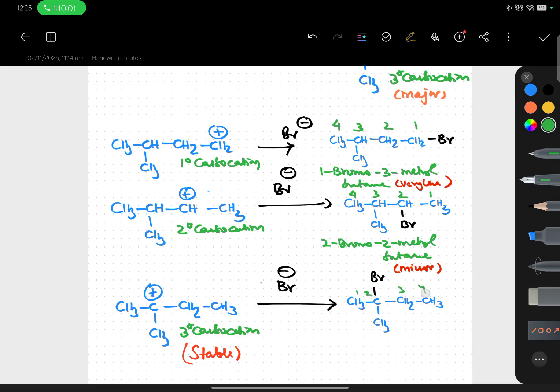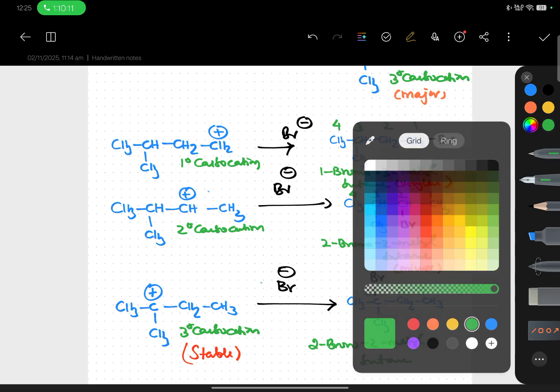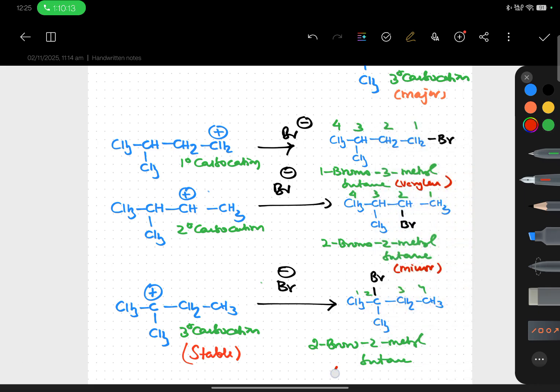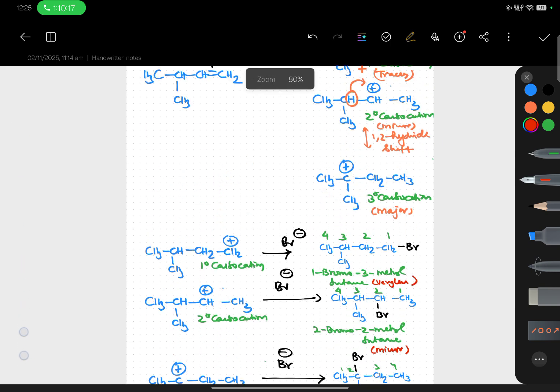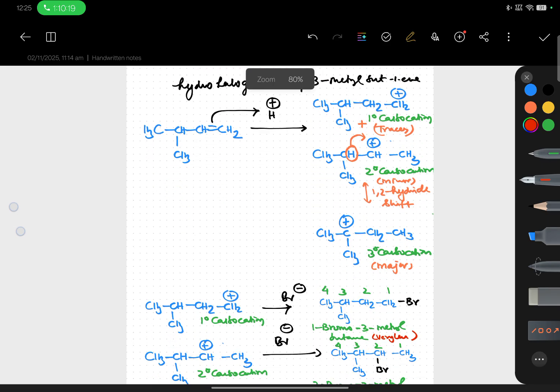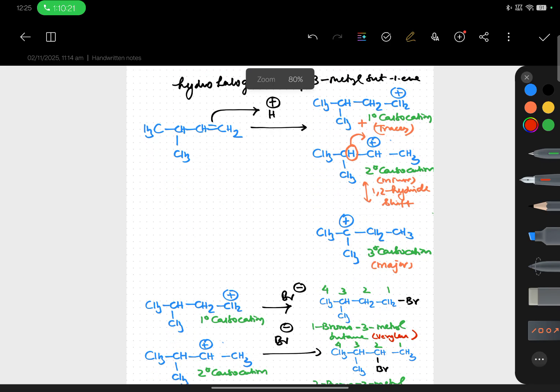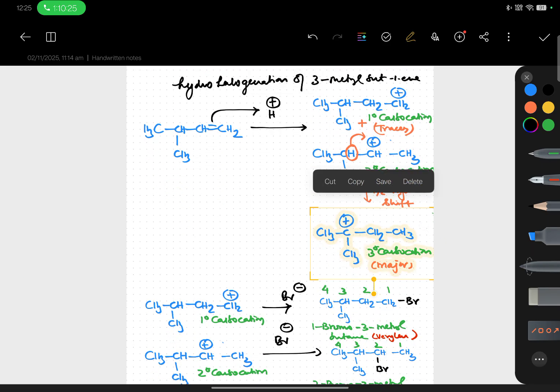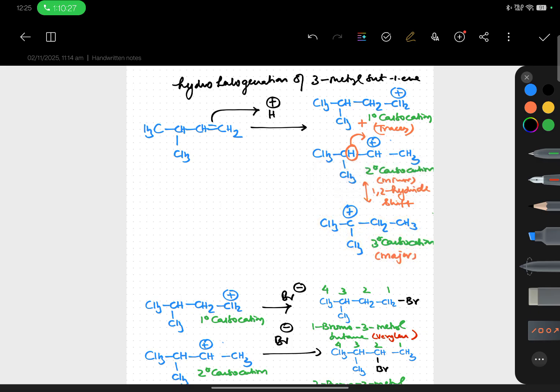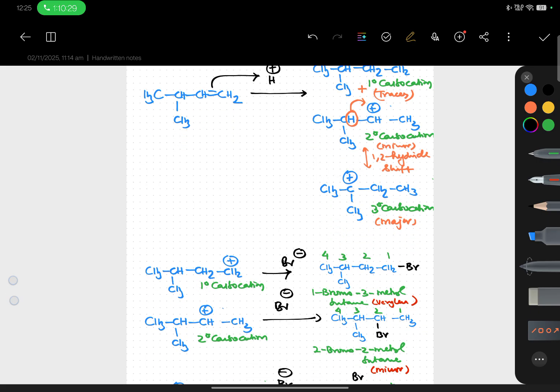The last one. 1, 2, 3, 4. 2-bromo-2-methylbutane. This will be major. Copy. So this is there in the textbook, okay, but not so much clarity is there, so you write it with clarity.